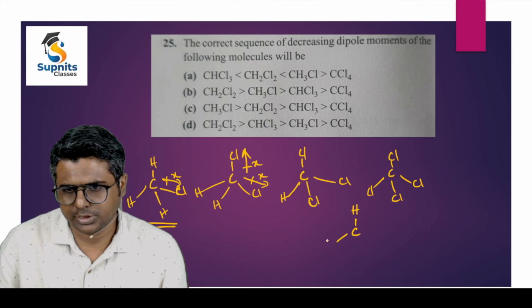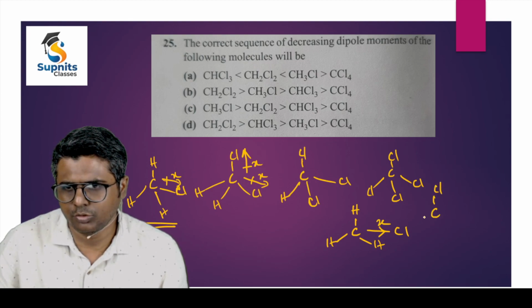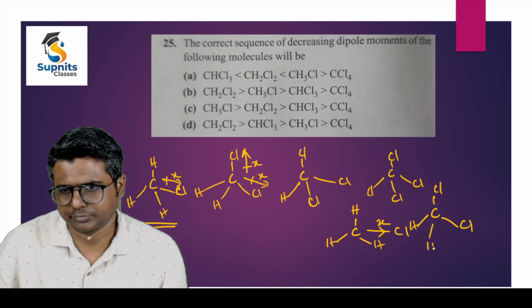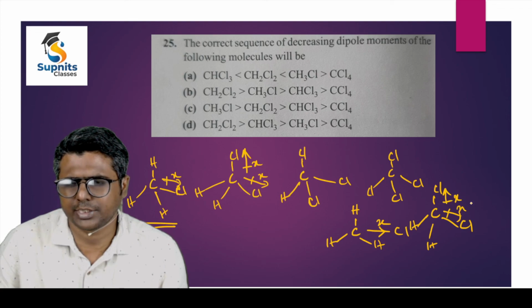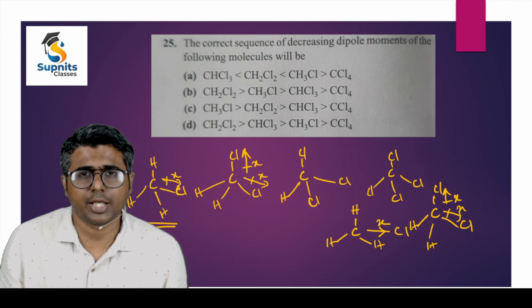In case of CH3Cl, there is a single dipole moment of X like this. But in case of CH2Cl2, if you see, there will be a cancellation effect. Some part of the dipole is going to get cancelled. So that is what happened over here.